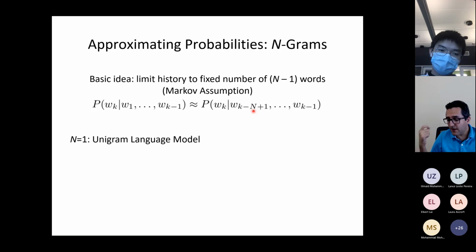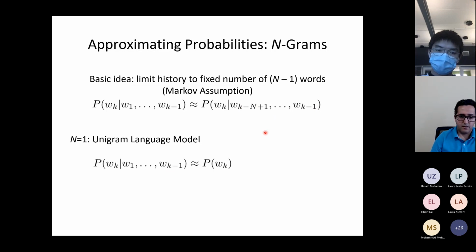Depending on the value of n, we have different models. The simplest one is when n is 1, and this is called the Unigram language model. If you plug 1 into this formula, you realize that the conditional part goes away, and this term will be approximated only by the probability of k, because if n is 1, there's no conditional probability.